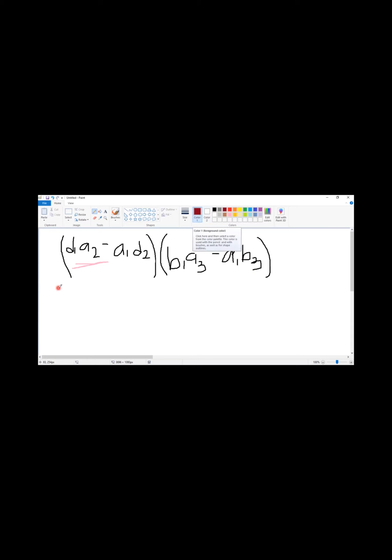We now say D1 A2 multiplied by everything here. So we have B1 A3. Please don't mind the writing, but I hope it's clear.